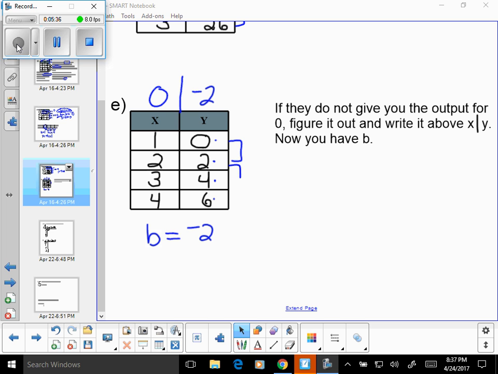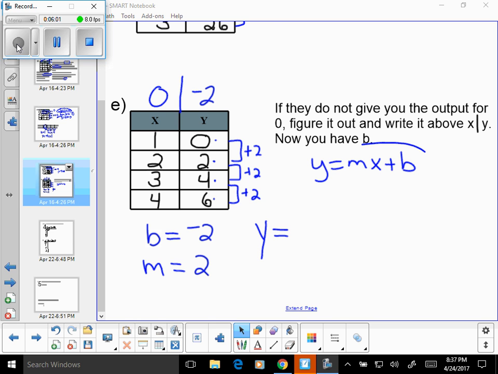Now I work with the intervals here. Those intervals, however, are positive 2's because I'm getting bigger as I go down. Remember, I'm looking downward as I try to find m. M is going to be positive 2. Y equals, remember, it's that y equals mx plus b.